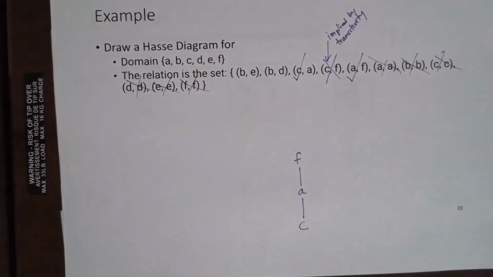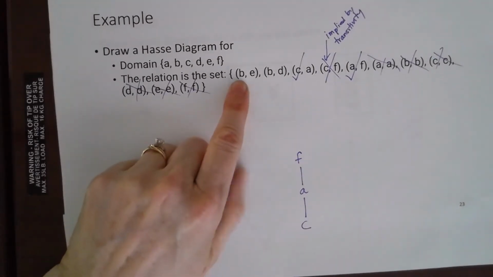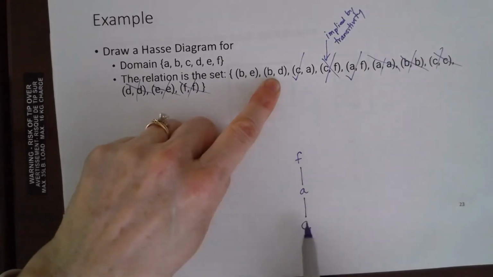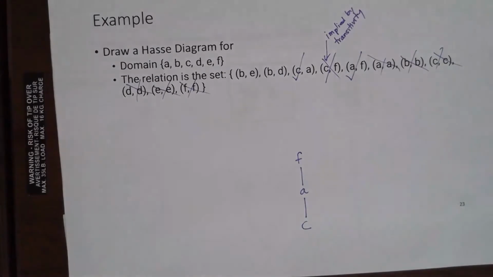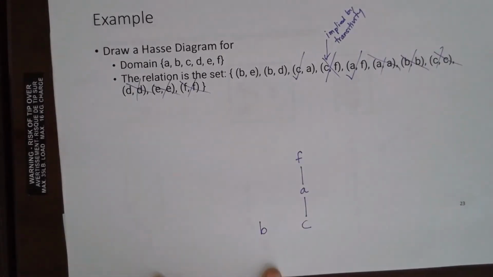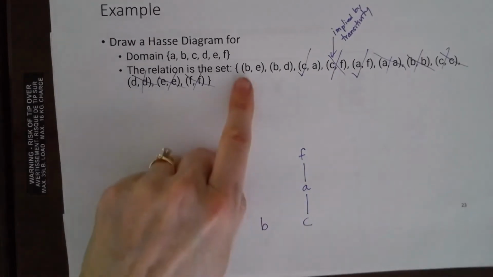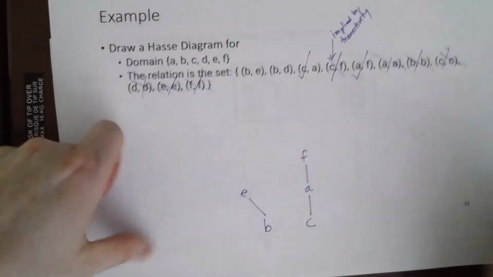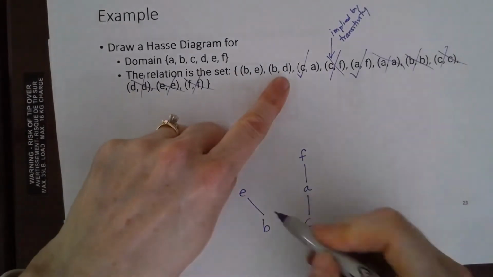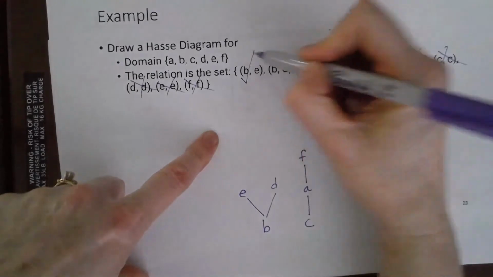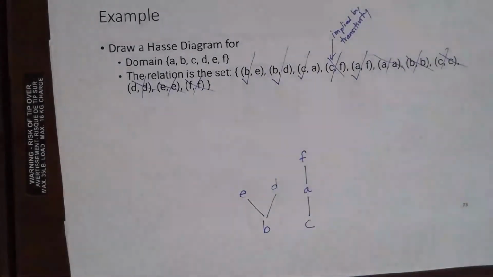Okay, and so we have B to E, we have B to D, D, E, none of that appears in here anywhere. So B can go in its own separate little spot over here. But B has to be lower than E, so I'll put B to E here. And B has to be lower than D, so I'll put B to D here. So that takes care of that relationship and that relationship.